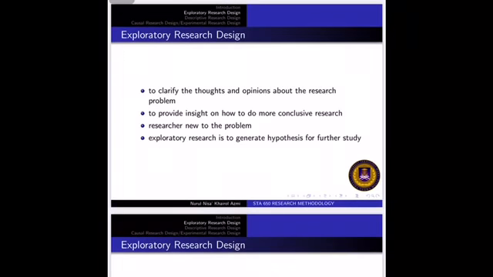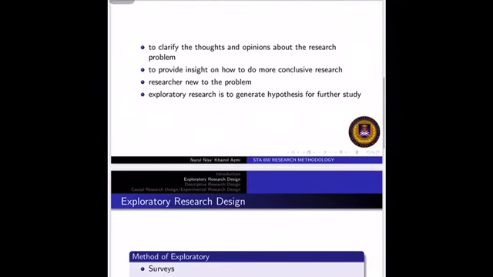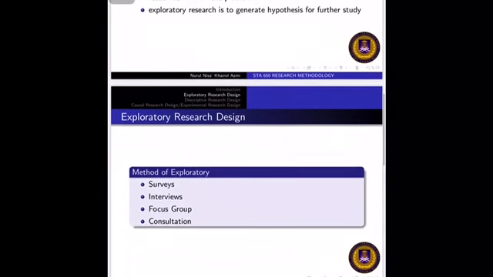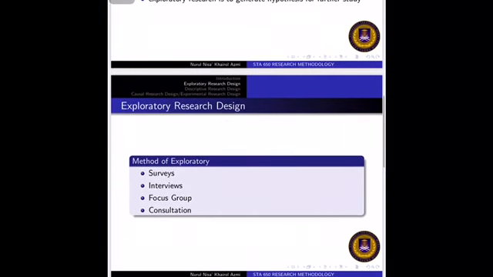So they will see the direction just based on the exploratory research. So the methods of exploratory research, as I mentioned just now, are surveys, interviews, focus groups, consultation. So just a small sample size, just to get the basic information.